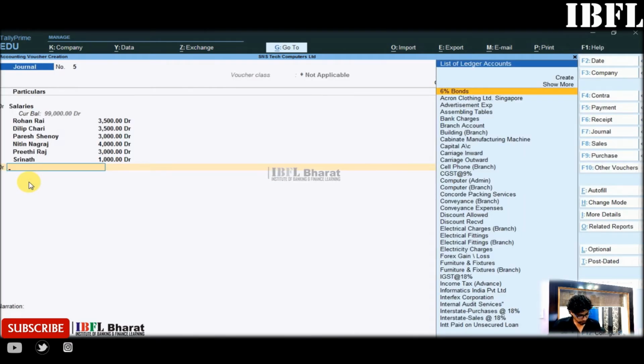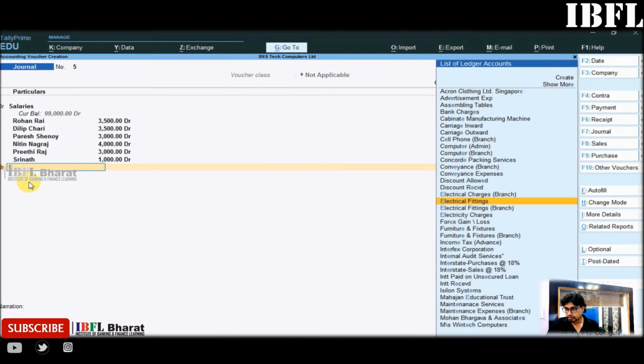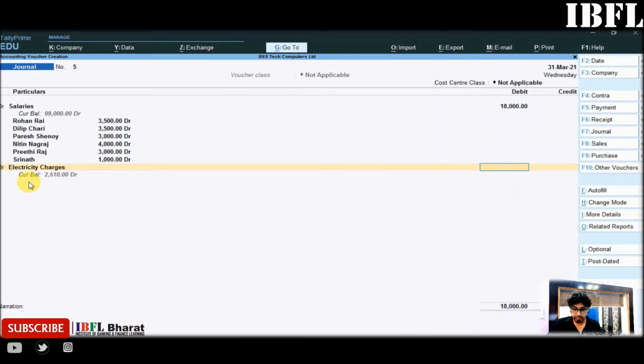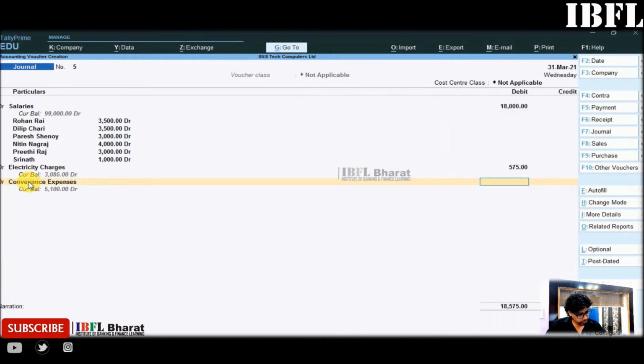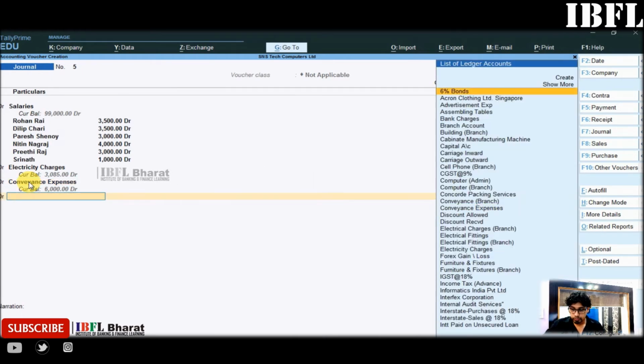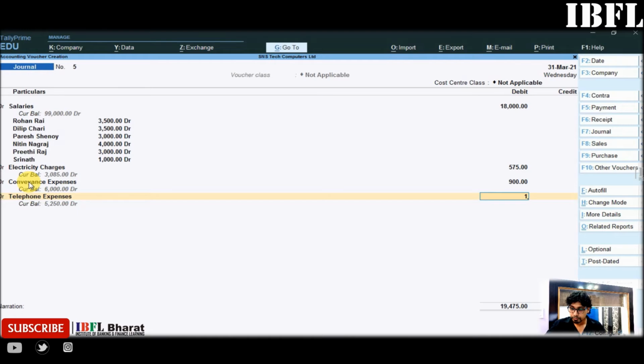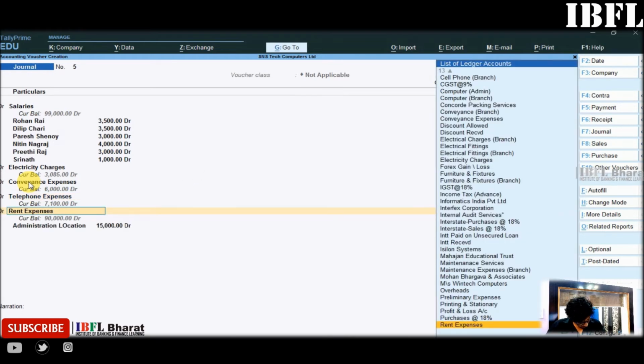Next expense is electricity charges. We are taking a provision of 575 rupees. Again, conveyance expense, it is 900. Again, telephone expense 1850. We will take rent separately, and take a ledger for preliminary write-off.